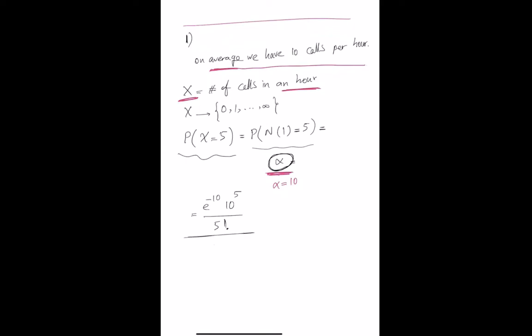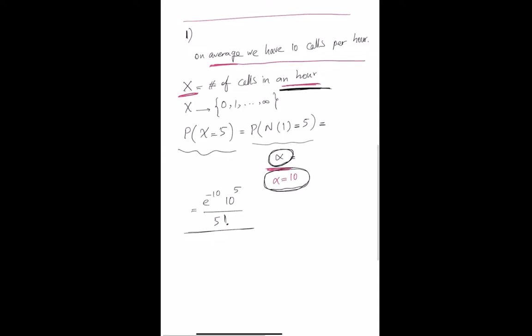Okay. So the only important part in this question was to find the correct value for alpha. And as soon as you see that the x is per hour, then alpha should be average number of calls per hour, and that's the one that is given to you, 10. So the rest is just formula, e to the power of minus alpha, alpha to the power of x over x factorial.